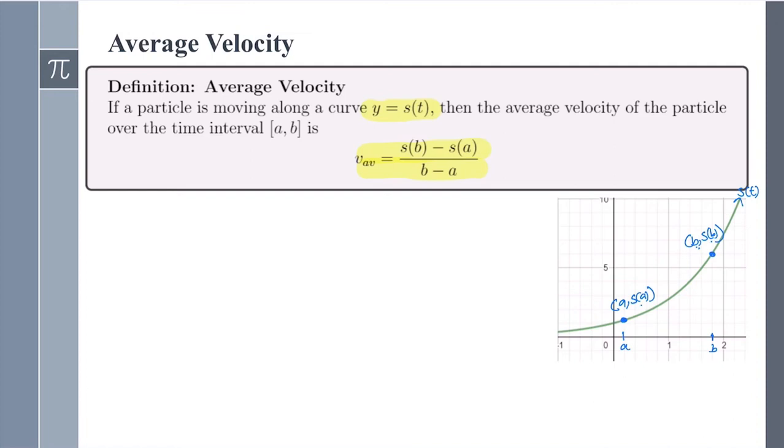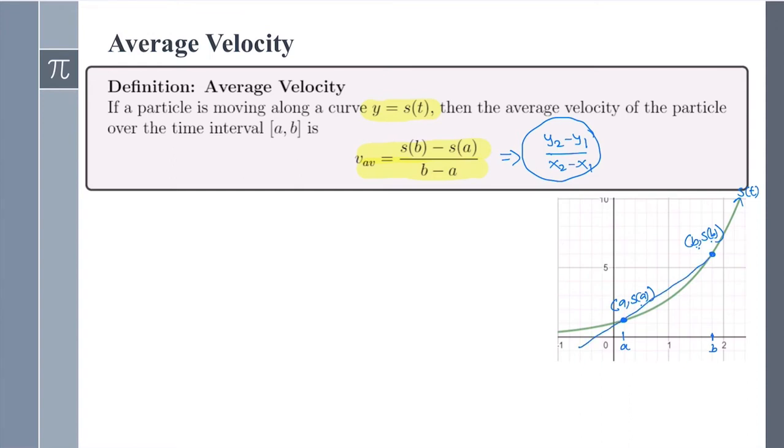So this is the same as writing y2 minus y1 over x2 minus x1, which is very familiar to you. Basically we are finding the slope of a line, the line connecting those two points.